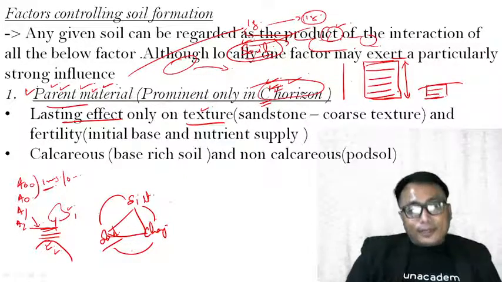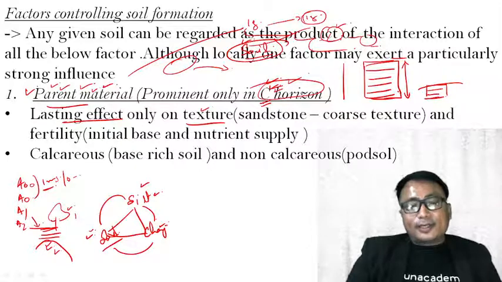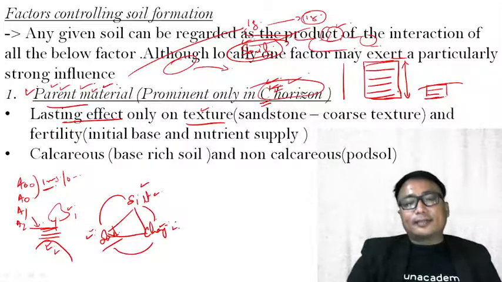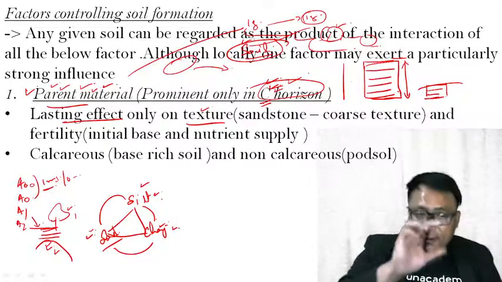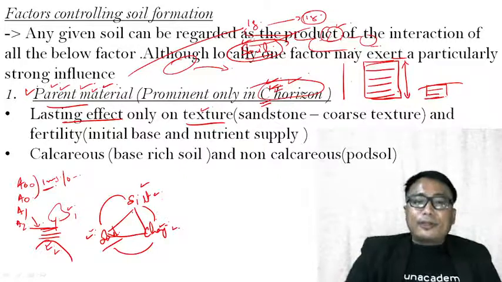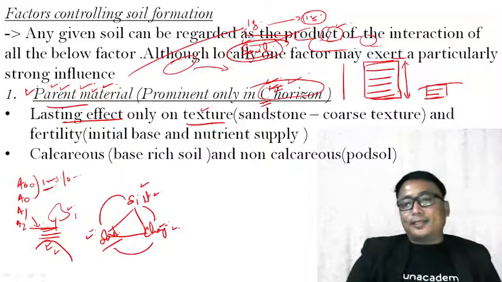So silt has a different size, clay a different size, sand a different size. Sand is bigger, silt is a little smaller in size, clay is the smallest one. We have seen the dimensions also. So depending on the ratio of their combination, the texture of the soil will be determined.